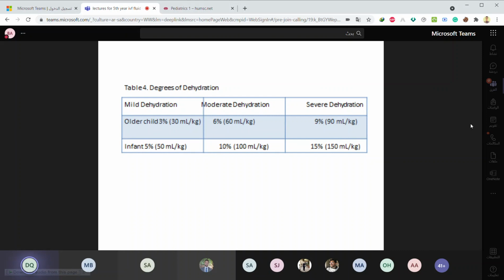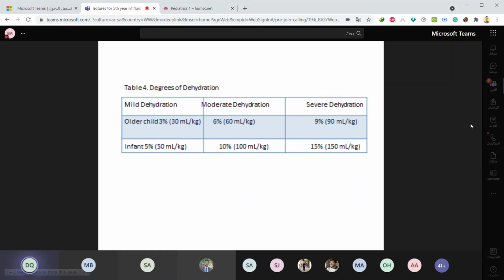And the amount of IV fluid: 3% is 30 ml per kilogram, 6% is 60 ml per kilogram, and 9% is 90 ml per kilogram.